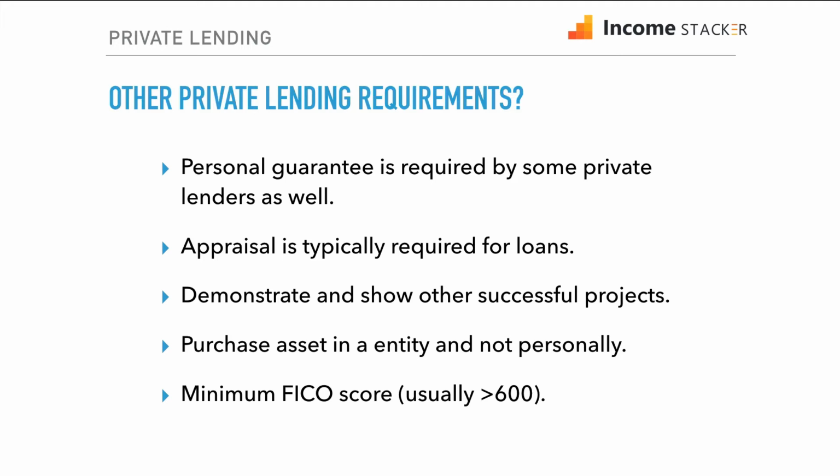Whether the person personally guarantees it doesn't matter to me, because I will take their house back and make even more money if I'm lending at a low loan to value. However, most private lenders nowadays, the big ones, do require a personal guarantee. So you can do that, or you don't have to do that.